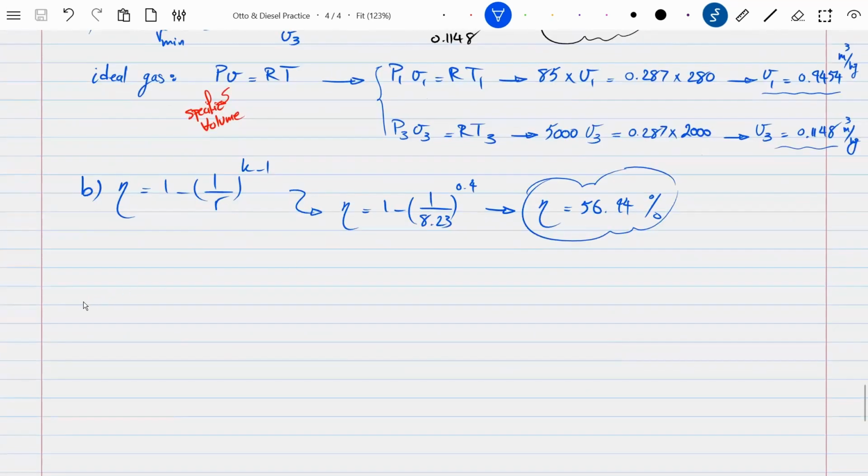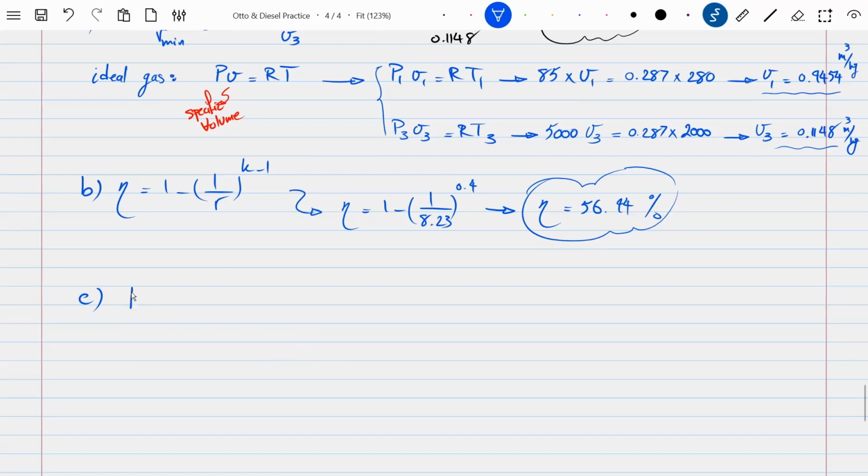Now, finally, for part C, we are tasked to find the exhaust temperature. Now, this may seem like a new terminology, new word, but it actually is not. If you remember from the lecture, the gas that leaves the cylinder at the end of the process, the exhaust that leaves the cylinder, is the state 4 on our diagram.